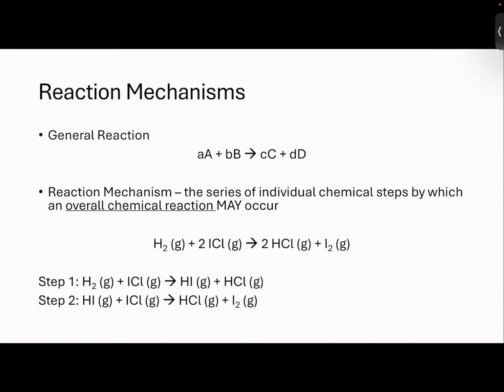Here, the overall reaction is H2 plus 2 ICl goes to form 2 HCl plus I2... correction: 2 HCl plus HI is not stated; as spoken, the overall reaction is H2 plus 2 ICl goes to form 2 HCl plus HI. We have made an educated guess that this is a two-step reaction mechanism. And if you look here, in the first reaction, you have an HI in the products. In the second reaction, you have an HI in the reactants. Because they're on opposite sides of the equation, they do cancel out.